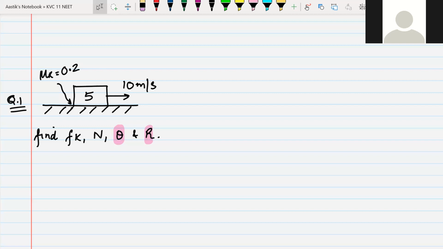I hope you know how to do this. I hope you know how to find out the value of normal reaction. Yes or no? You know this? We have done it so many times in the past. You just need to remember it. How did I find the value of normal reaction? Find out the value of normal reaction, find out the value of friction and you are done.